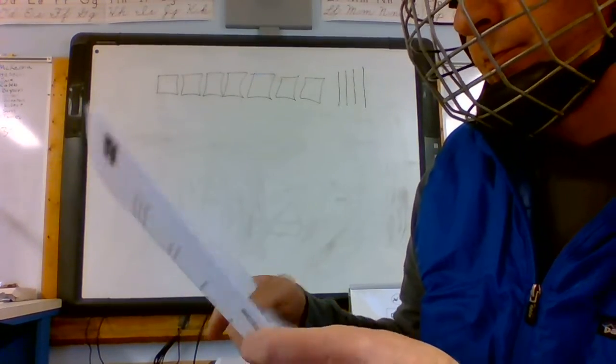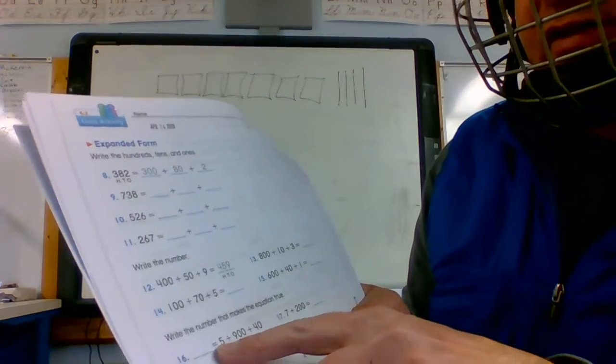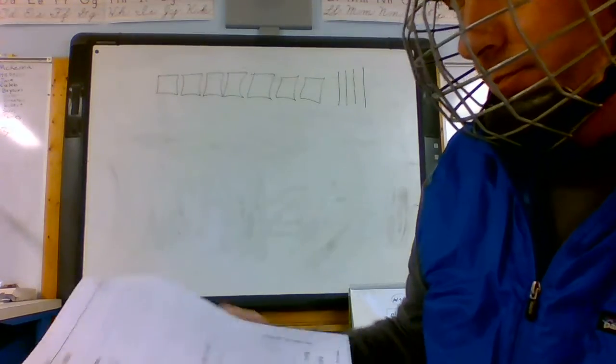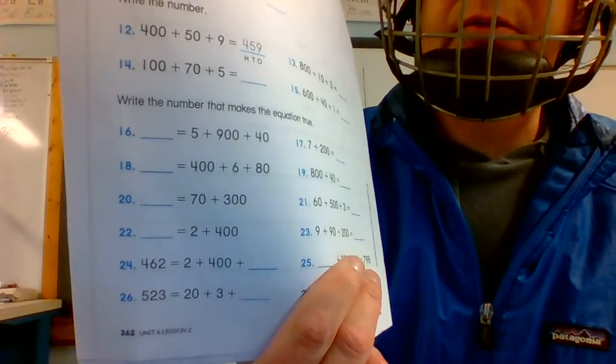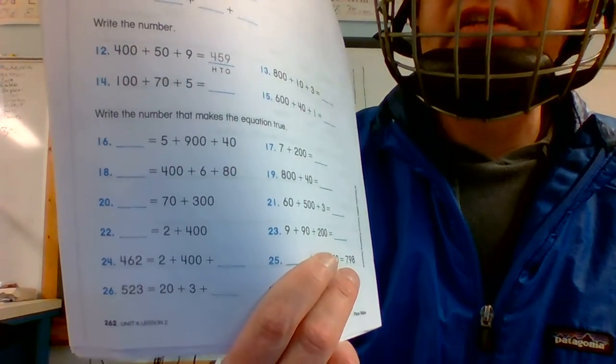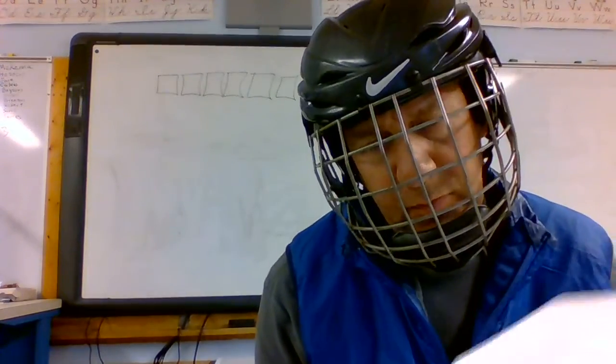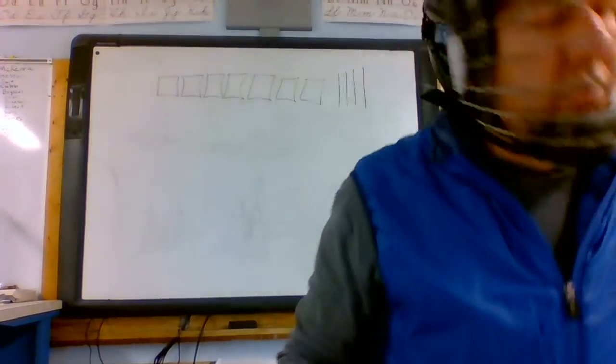Okay. Now when we get down to 16, they're just in a little bit different order. Number 16, 5 plus 900 plus 40. They're just switched around, that's all, right?